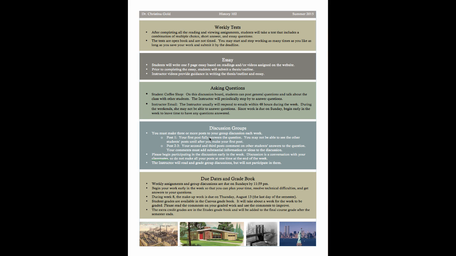So when you go to post, you'll notice you don't see anybody else's answers to the question. You need to post, and then all of their answers will pop up and you can engage in a discussion. So after that first post, you need to make at least 2 more for a total of 3 posts, and in those other posts you will be dialoguing with your classmates about the question.